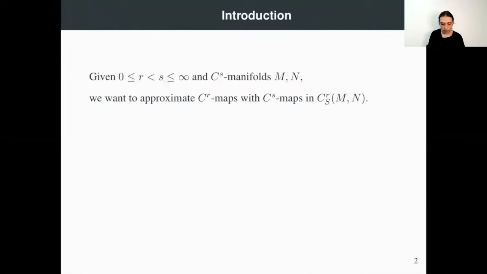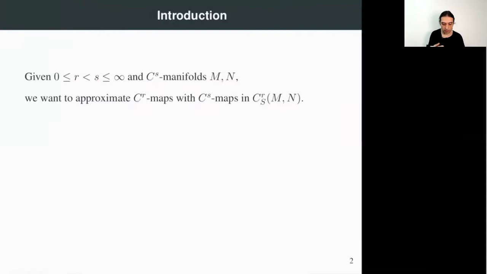We want to approximate C^r maps with C^s maps in the set of C^r maps from M to N. And the approximation is considered with respect to the strong topology, right?